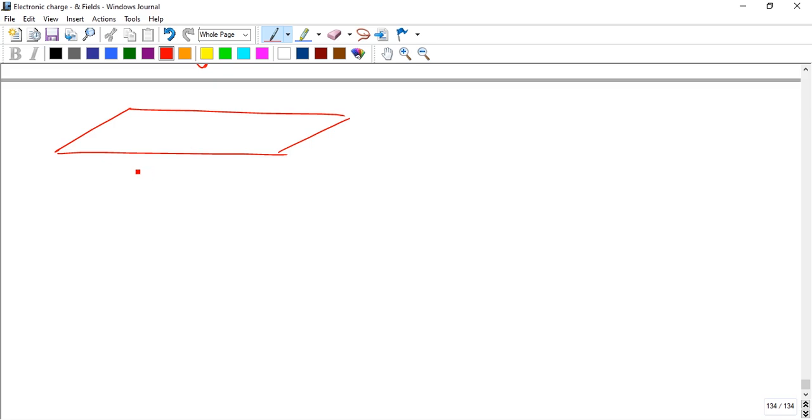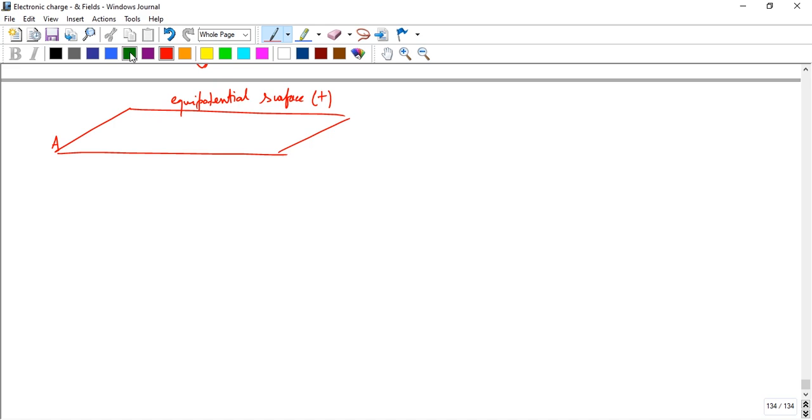Suppose the name of the plate is plate A, and this is the equipotential surface of a positive charge.